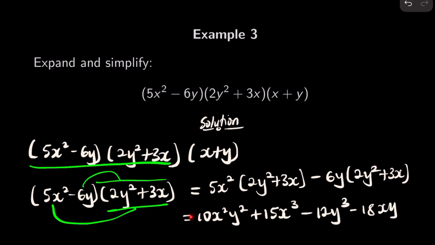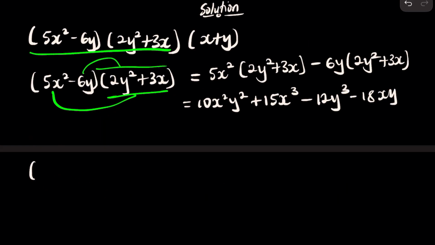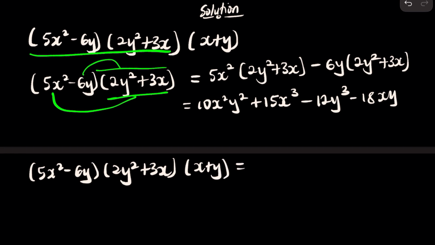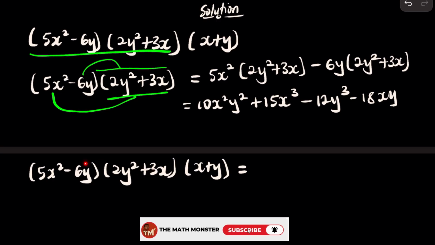So we now multiply this expression with x plus y, right? That is to say 5x squared minus 6y multiplying 2y squared plus 3x multiplying x plus y is equal to this expression multiplying x plus y, right? Because the product of these two guys is equal to this.